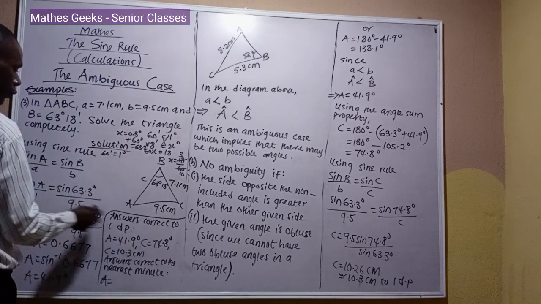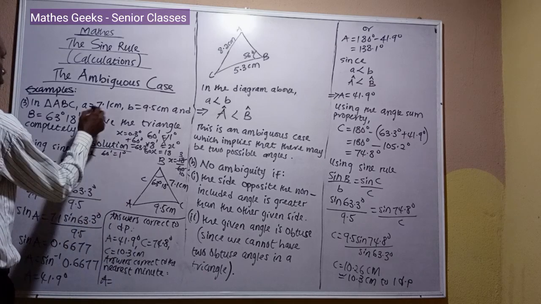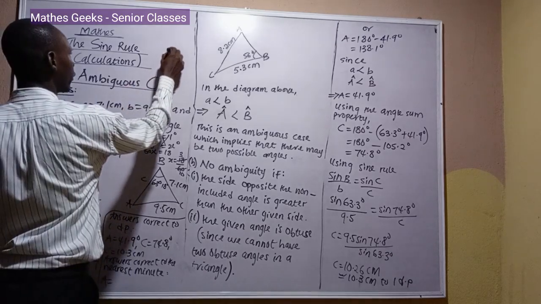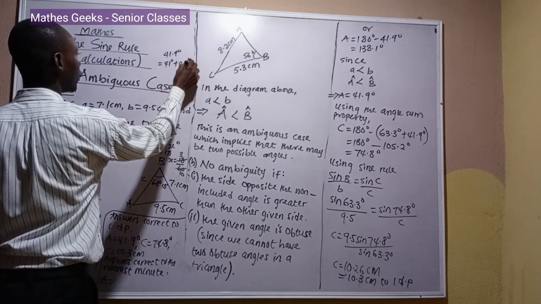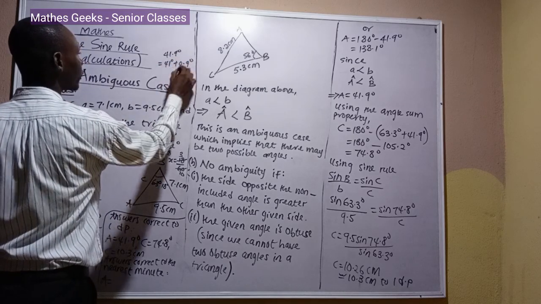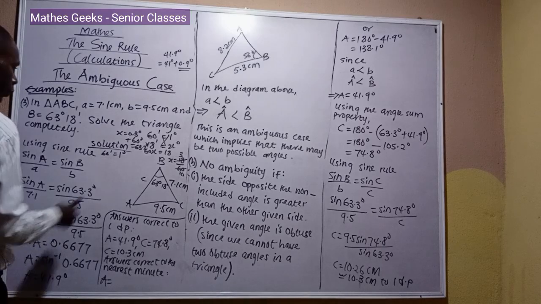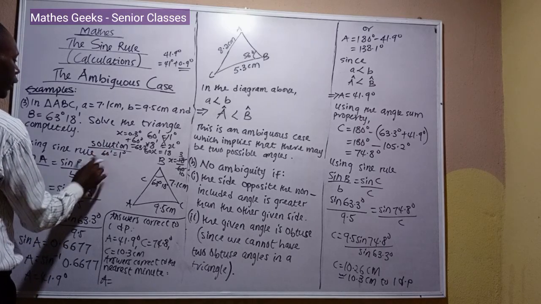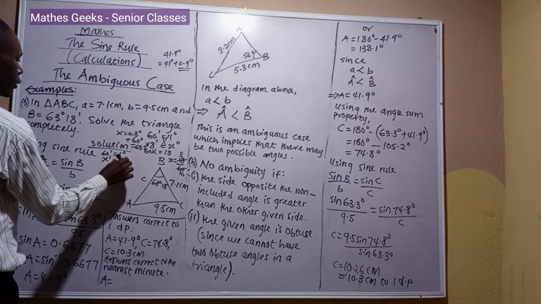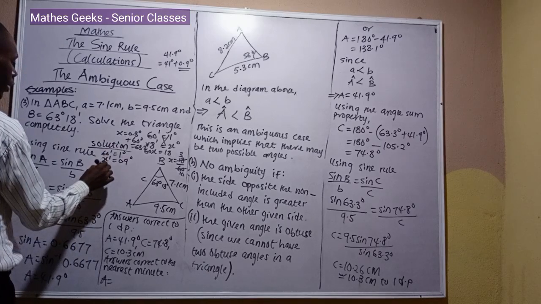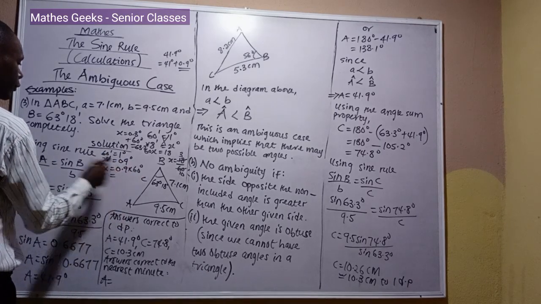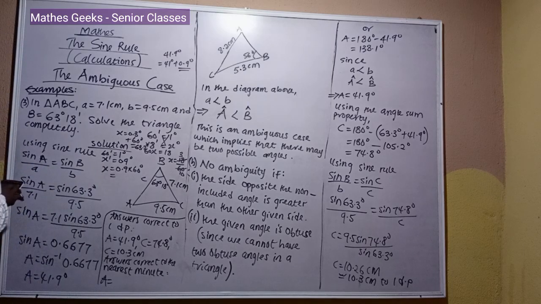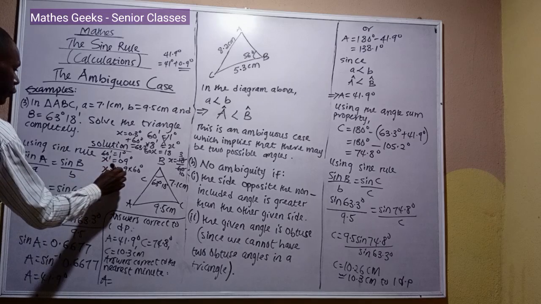Now this part here, 41.9 degrees is split into two parts: 41 degrees plus 0.9 degrees. We want to convert this part to minutes. So x minutes equals 0.9 degrees. We'll cross multiply. x will give us 0.9 times 60, that's 54.